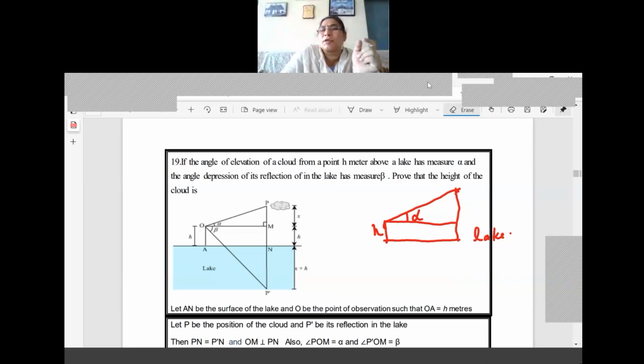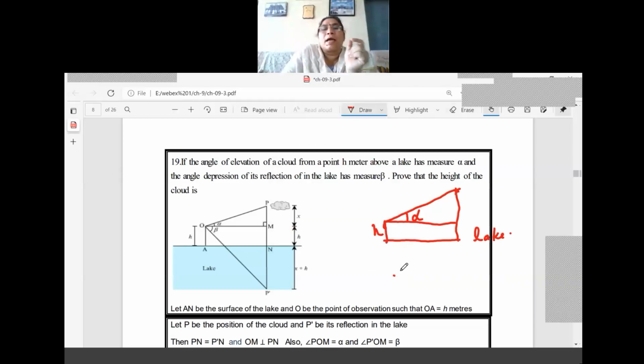Angle of elevation of the cloud. Once again I'll read. Angle of elevation of the cloud from a point h meter above the lake. So above the lake, h meter should be taken. From that the angle of elevation is marked, it is alpha, and the angle of depression of its reflection in the lake measures beta.